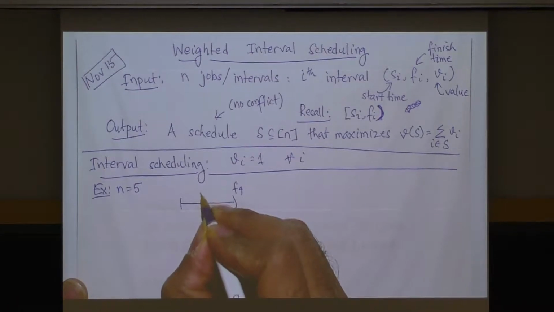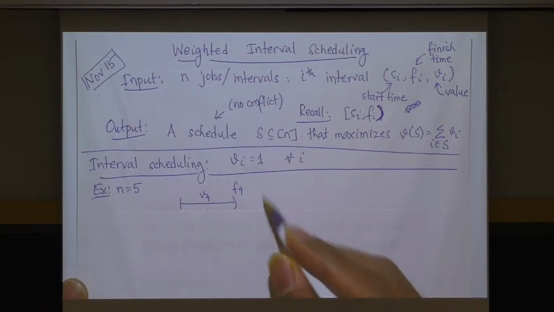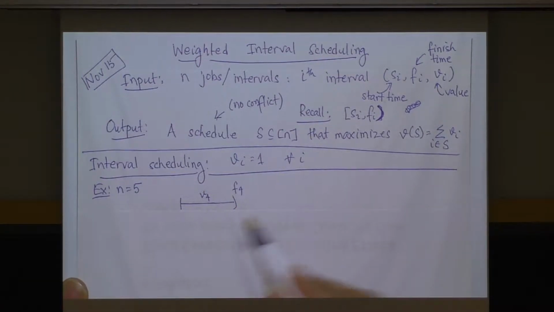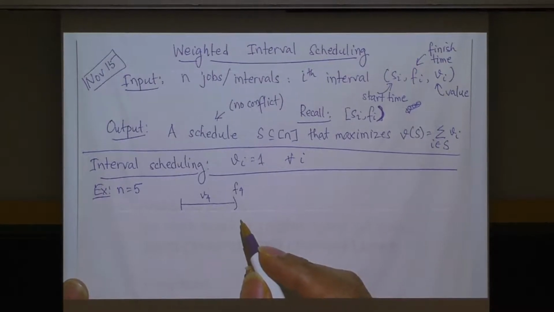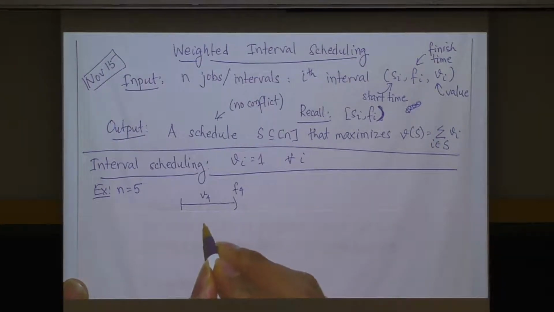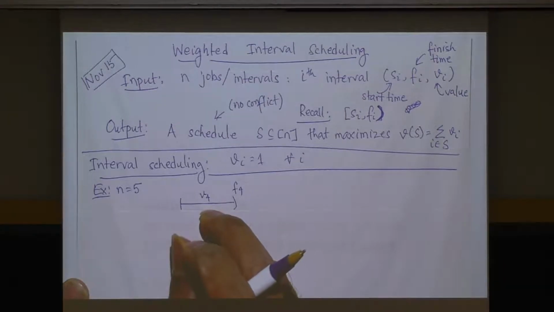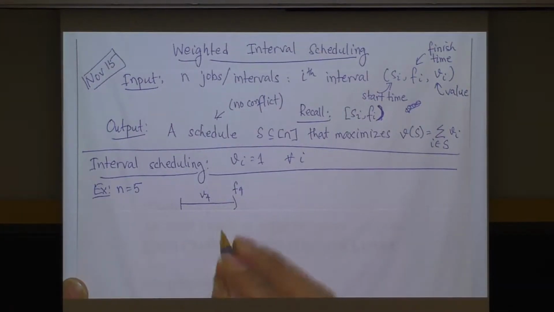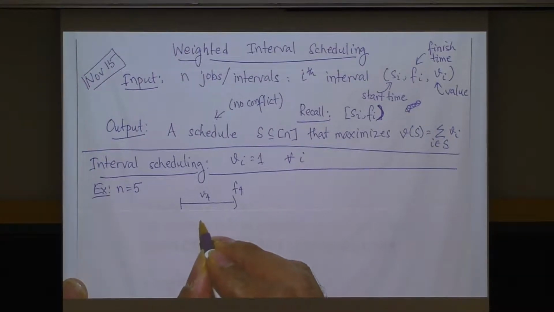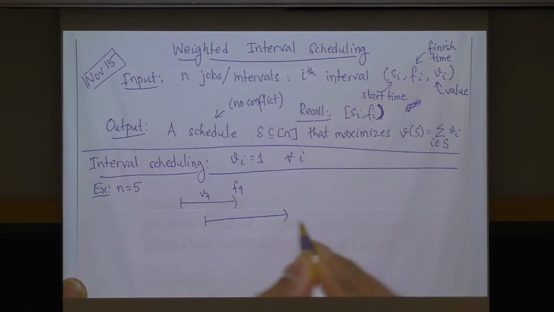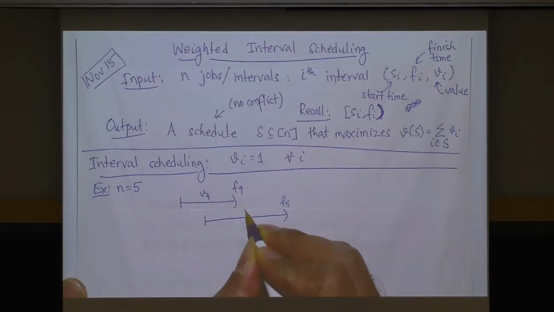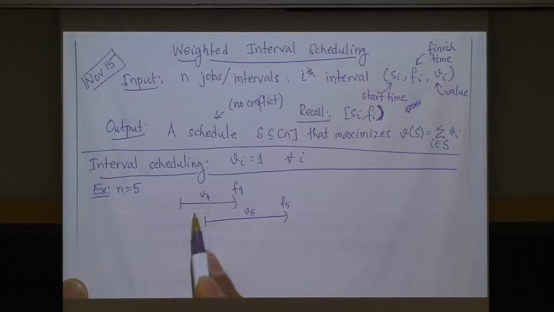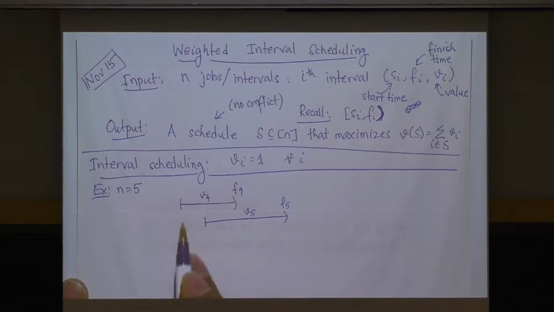So I'm just drawing. The indices are with respect to an increasing order of finish time. So the last guy to finish is this guy. This is the fourth last guy to finish.